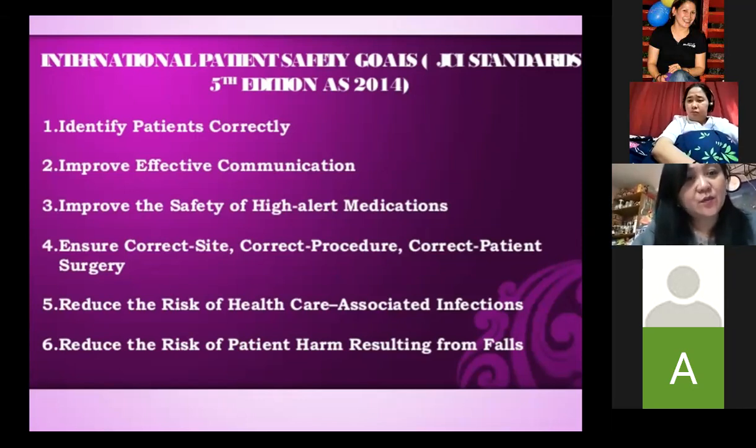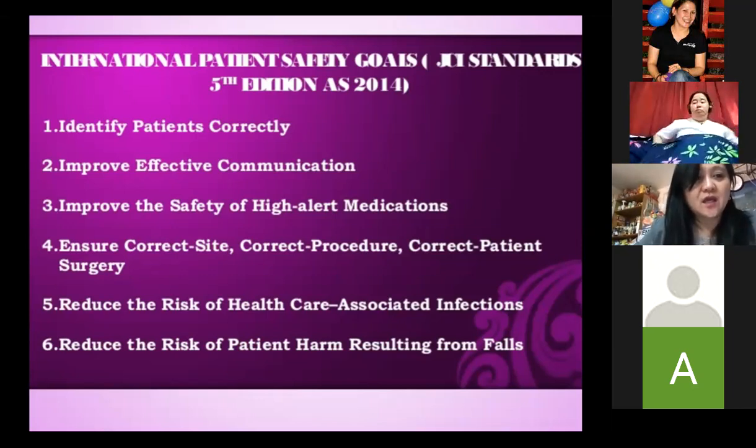Usually, this is the nurses delegating us what to do, or you have to bring the patient to OR. So you have to check for the right patient. You have to communicate with the right patient. You have to check if there is any alert sign for medication or any instruction like that, and ensure the correct site, correct procedure for the patient, where to bring the patient.